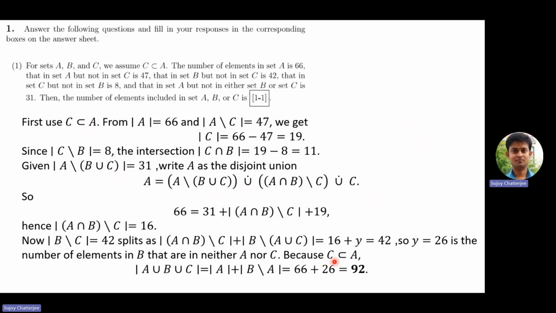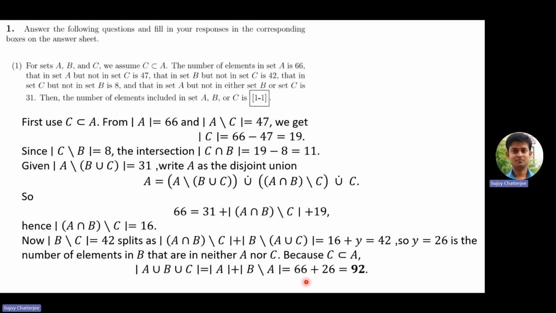Now because C belongs to A, we can easily write that the number of elements in A union B union C, that means either A or B or C, is equal to the number of elements in A plus the number of elements in B which are not present in A. From this we get 66 plus 26, because 26 is B which is not present in A union C, and 66 we have from A, which is originally given.